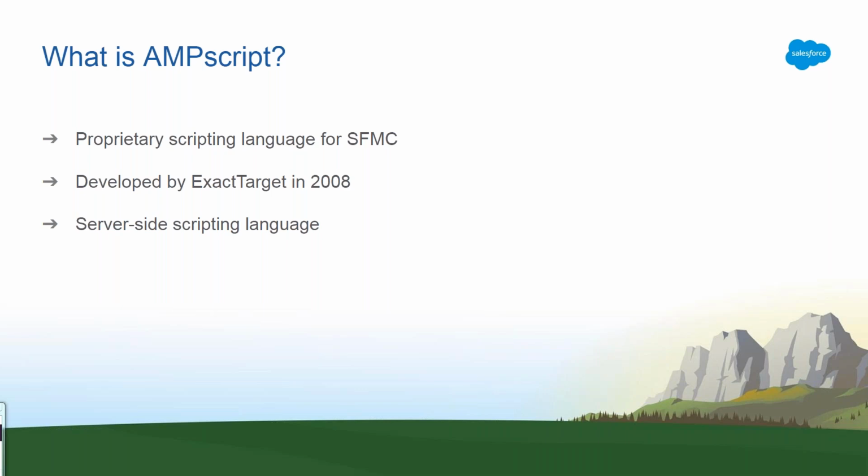Okay, so let's start with what is AMPscript. So AMPscript is the proprietary scripting language for Salesforce Marketing Cloud, which means that you cannot use it anywhere else apart from Marketing Cloud.